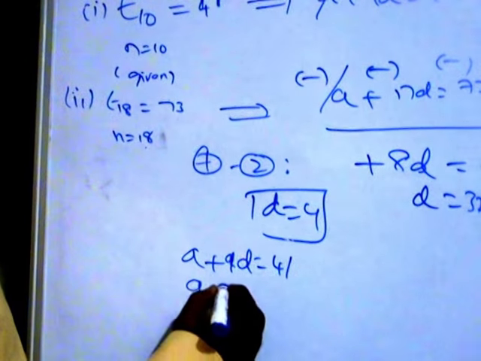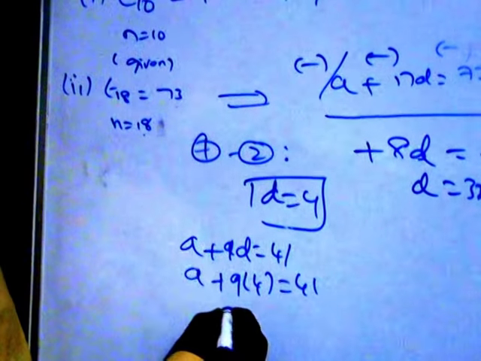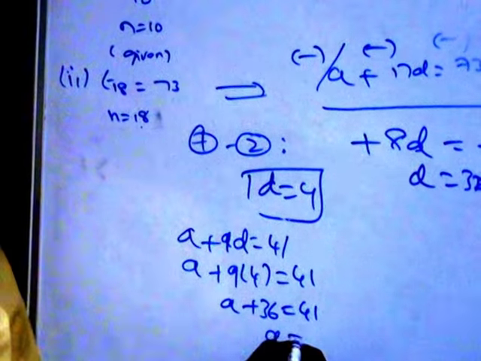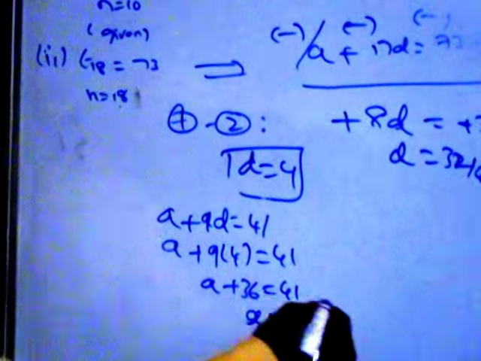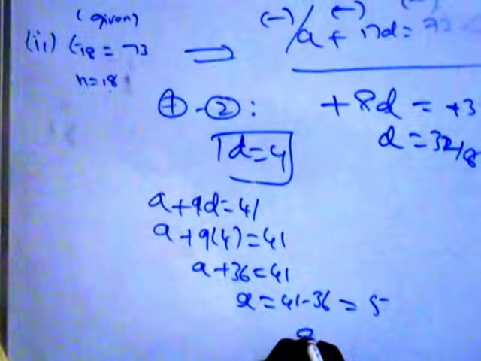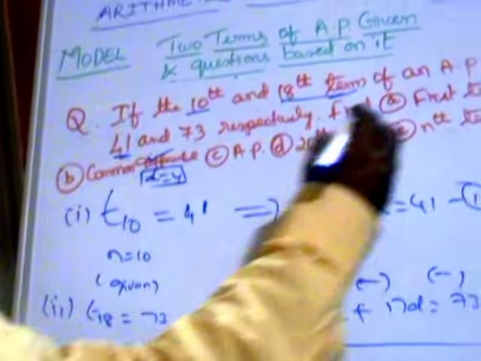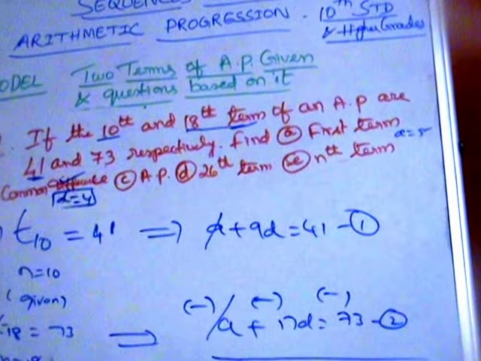A we don't know. 9 into d, which is 4, plus a is 41. A plus 36 equal to 41. A equal to 41 minus 36, which is nothing but 5. A is equal to 5. This is the first term. So we got the first term also here. We'll continue.